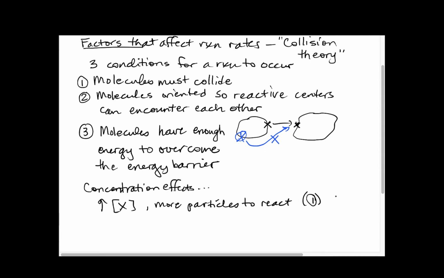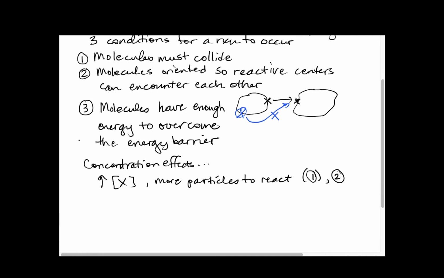And if I also have more molecules, then the odds of one of them being oriented appropriately so that a reaction occurs is probably higher. But this doesn't really address the third requirement. So instead, this third requirement is probably most affected by the temperature.